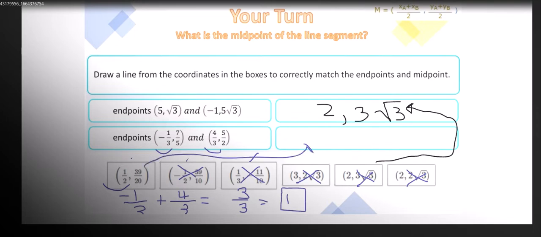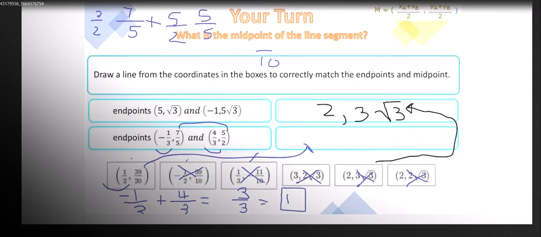So now for the y, we're going to add 7/5 and 5/2. So here's a challenge. 7/5 plus 5/2 is what? We need a common denominator, so you would multiply by 2 over 2 and 5 over 5 to get a common denominator of 10.